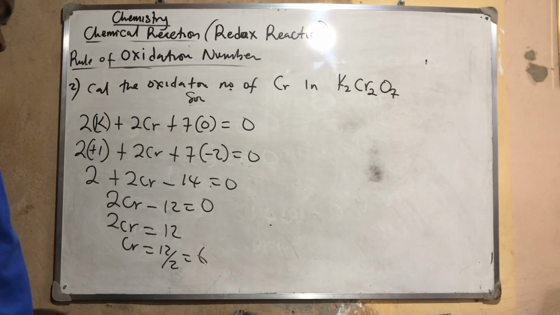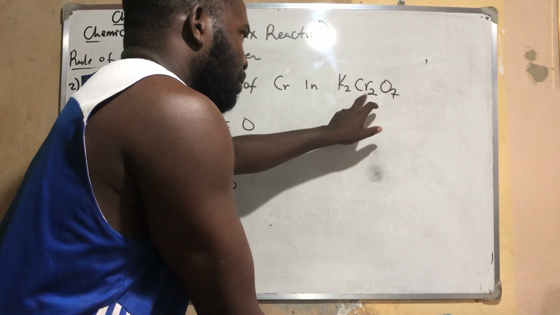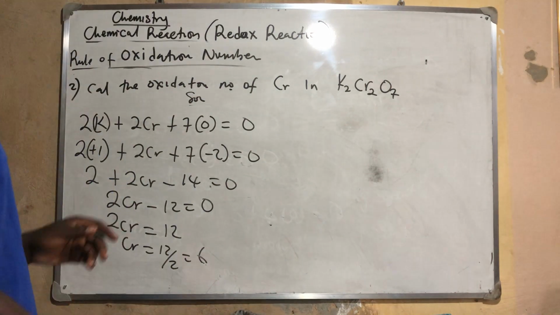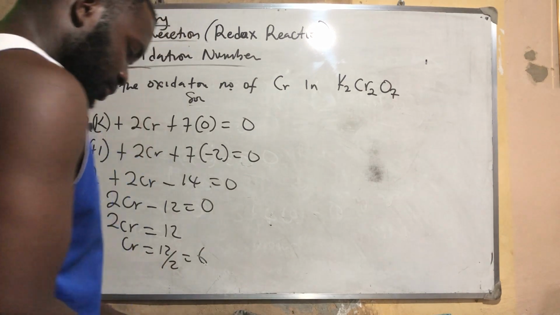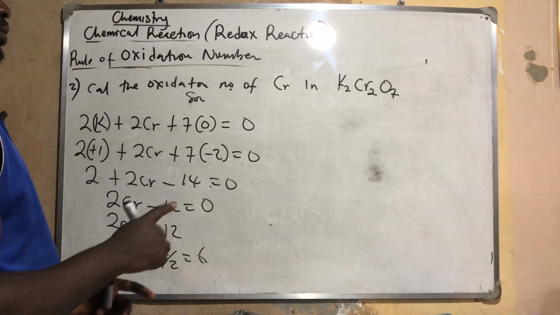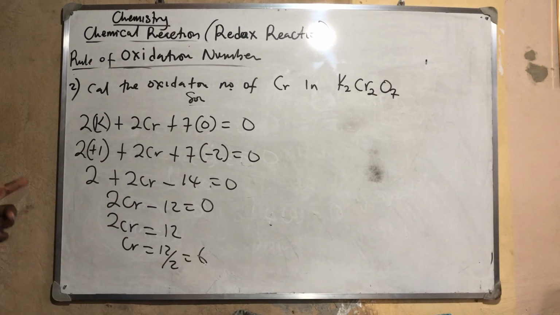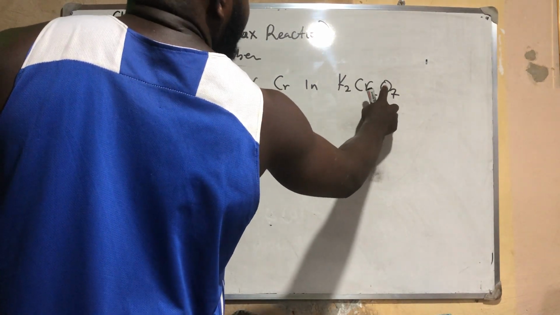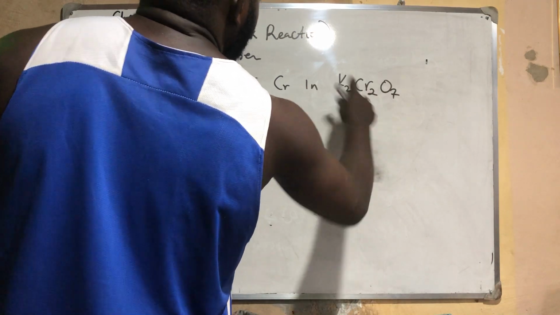Please pronounce it with me. Potassium hepta oxo dichromate, because the chromium there is 6. What do we call that element? Cr, chromate. Potassium heptaoxodichromate 7.